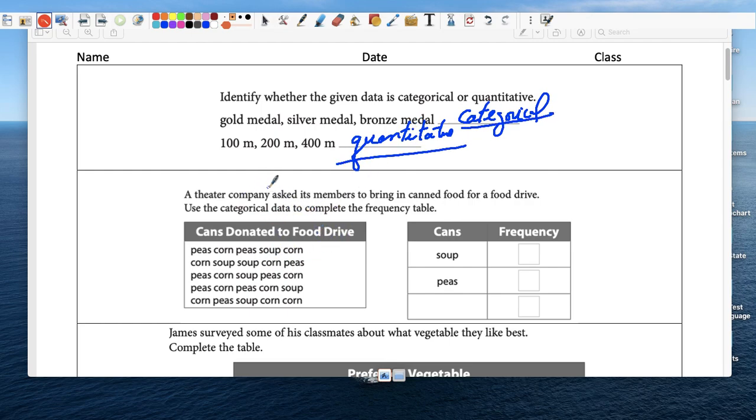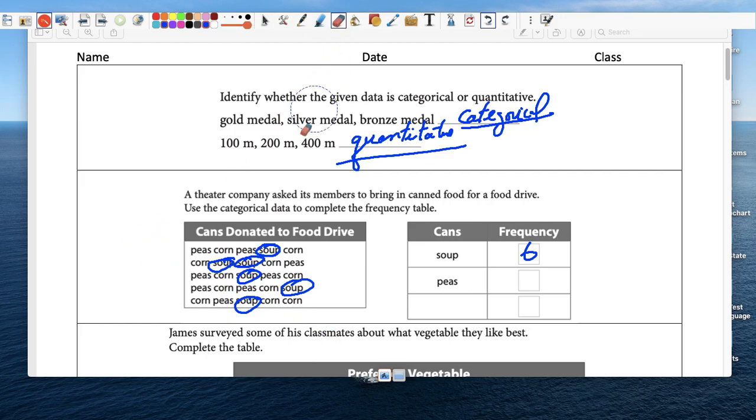Here, a theater company asks its members to bring in canned food for a food drive. Use the categorical data to complete the frequency table. So soup. How many cans of soup were donated? So we have 1, 2, 3, 4, 5, 6. So 6 cans of soup, right?